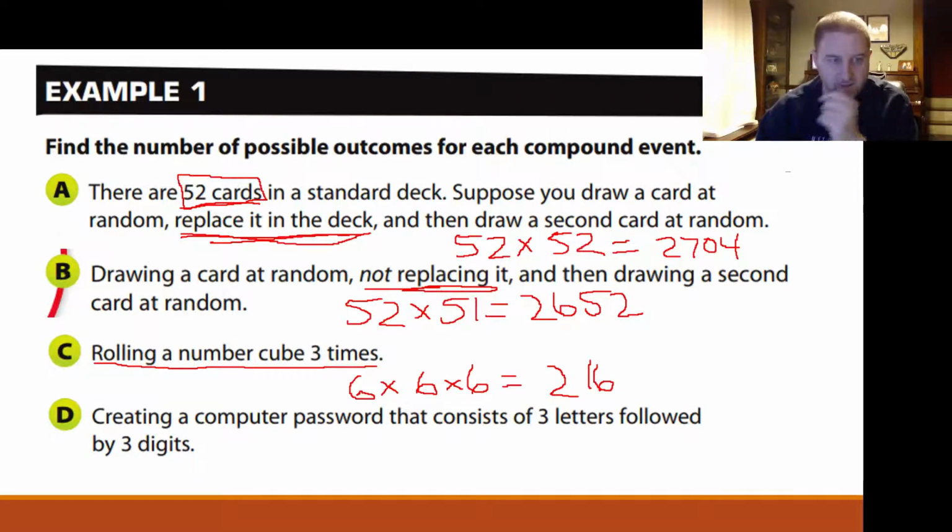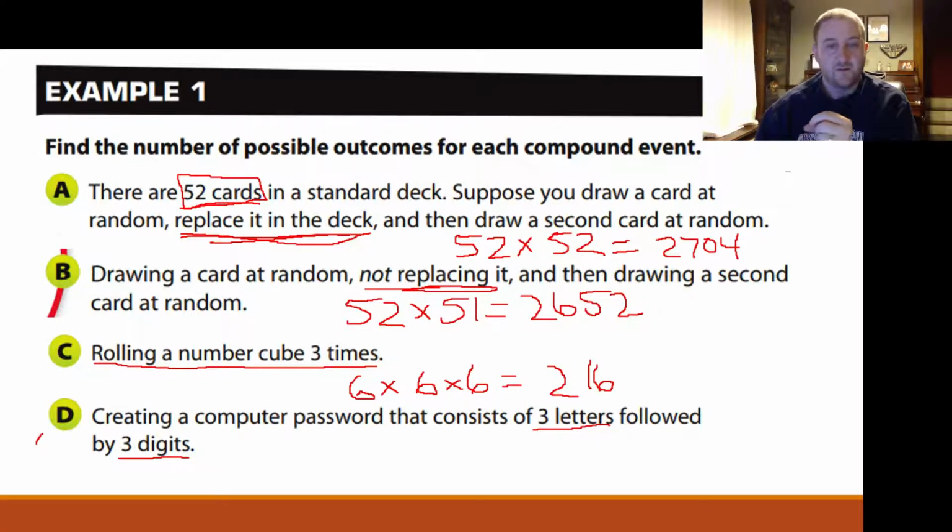Okay, and then last, part D, creating a computer password that consists of 3 letters followed by 3 digits. Now this one's a little bit more complicated, right? We have a 6-character password here. The first 3 are letters. The last 3 are going to be actually numbers, right?